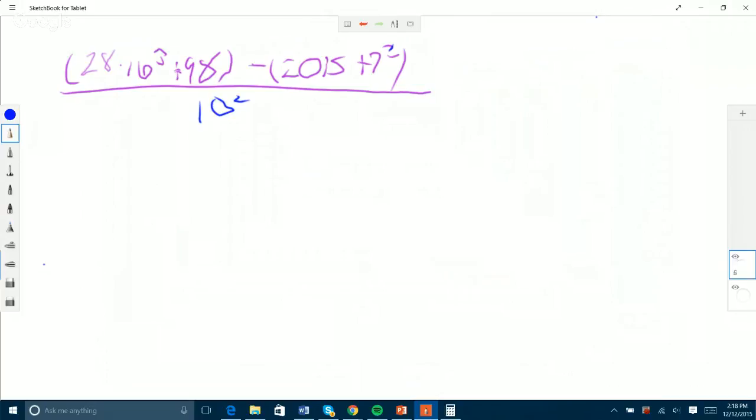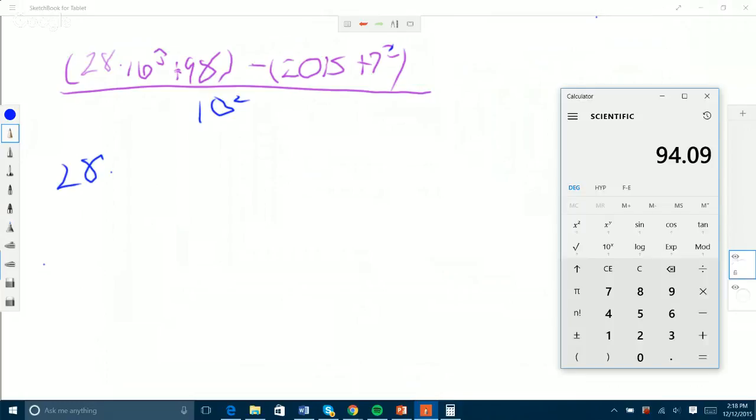So now it's going to be 20 times 16 to the third. And that's codes.